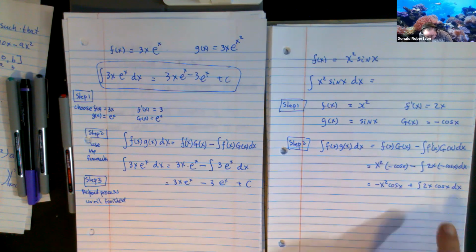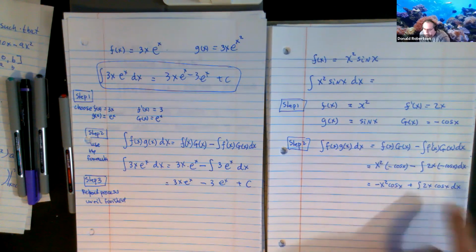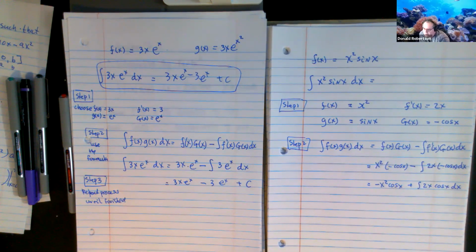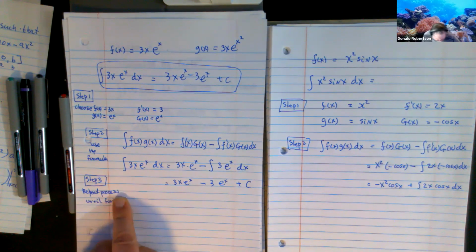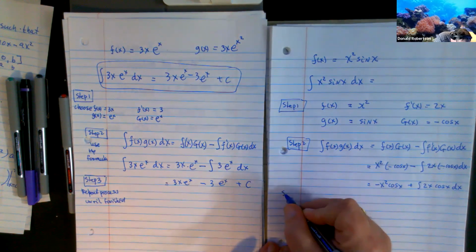Do you see that this integral needs work done to it? Right? I don't know exactly what the integral of 2x cosine x is. Don't I essentially have to do integration again by parts? So my step 3, repeat the process, is now going to kick in.